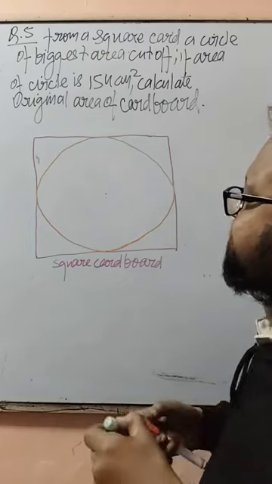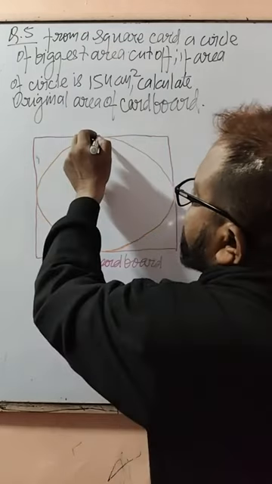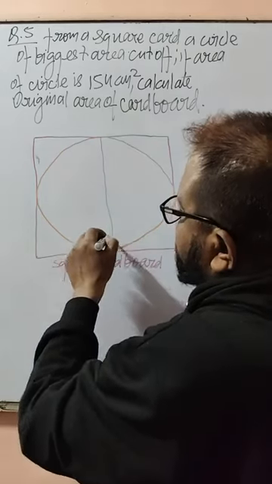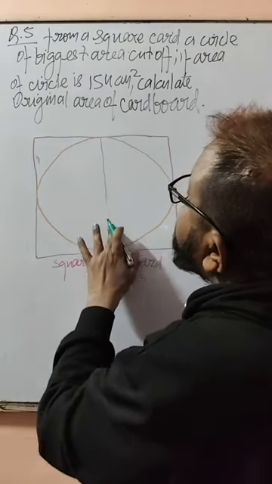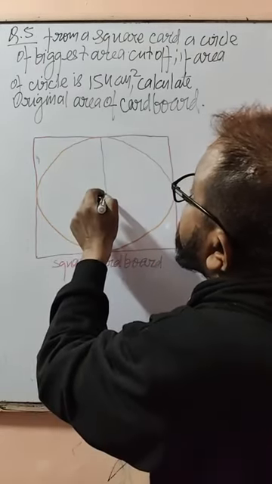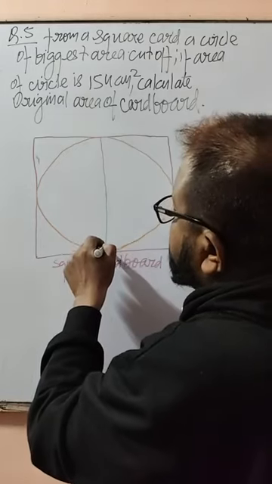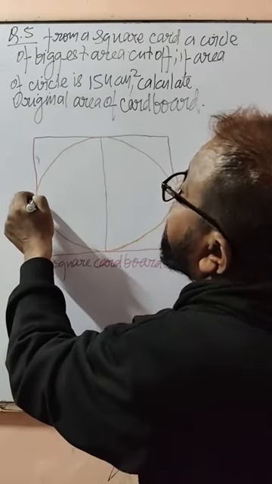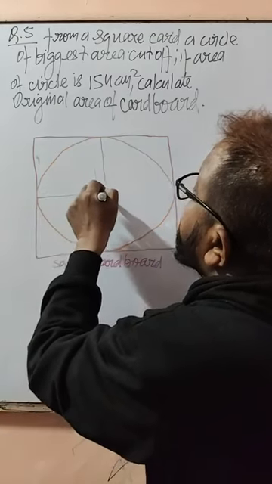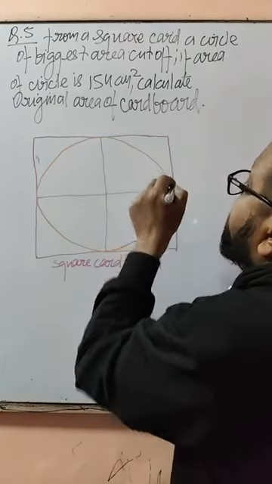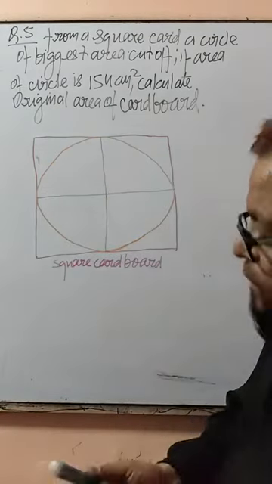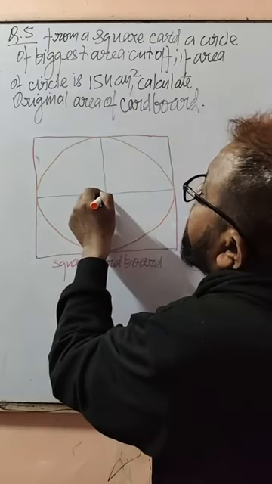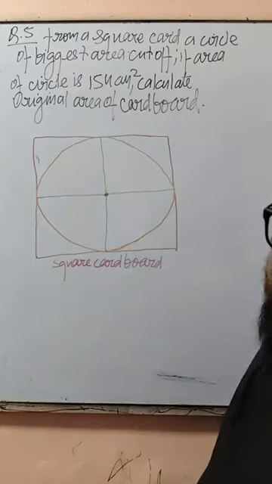So this is the diameter and this is the diameter. Right? This is the center of circle.